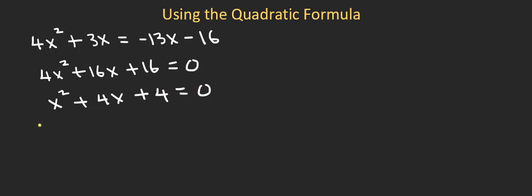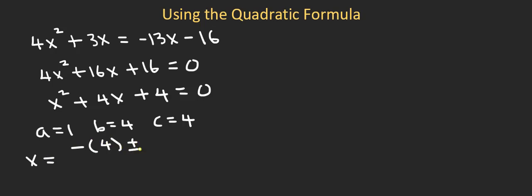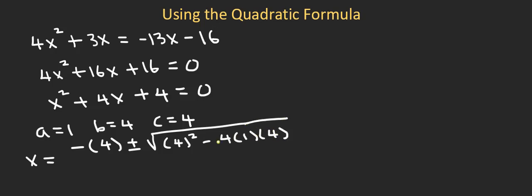So what is our a? a is 1, b is 4, and c is 4. So let's plug it into our quadratic formula. Negative b plus or minus the square root of b squared minus 4ac, all over 2a.